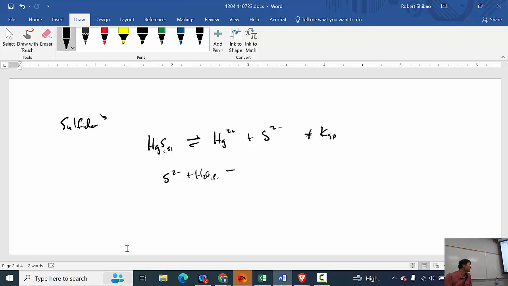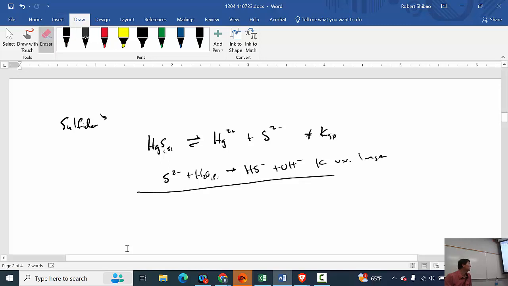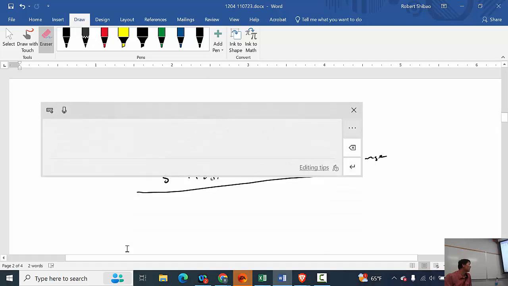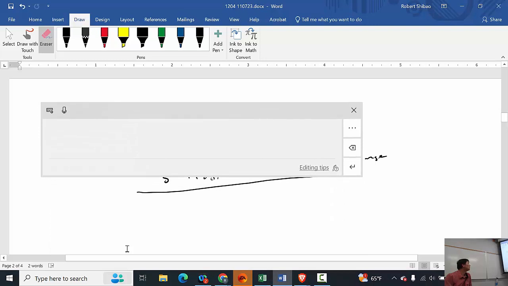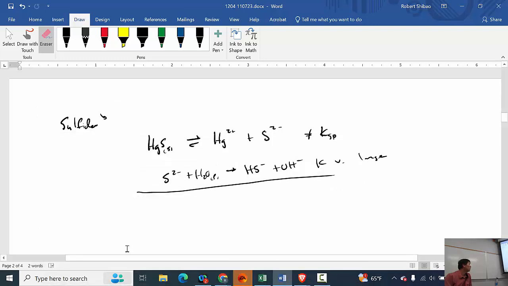It's too strong a base, and it's going to produce what? HS- and OH-. K for this is very large. This is KB, by the way. So this one's more complicated.